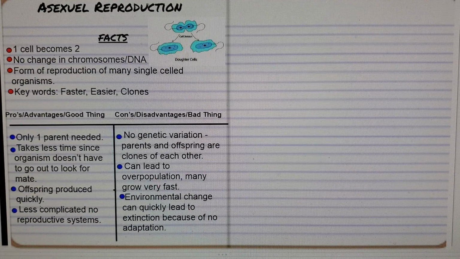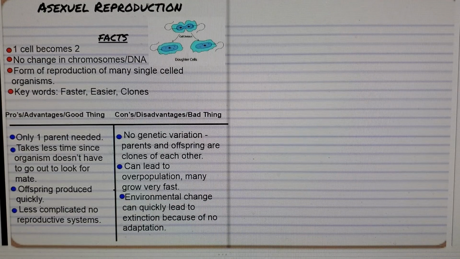One of the things that can happen because it's so easy to reproduce like this is that you can get a lot of organisms growing very fast. They're all just dividing themselves and making more and more. And when organisms become overpopulated, one of the things that can happen is that they run out of food or water. So not always a good thing.